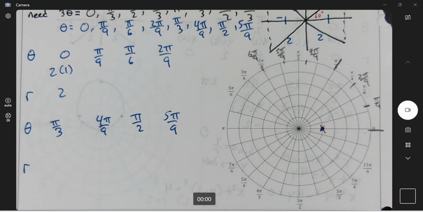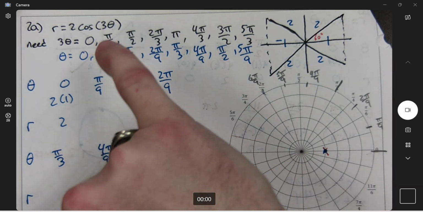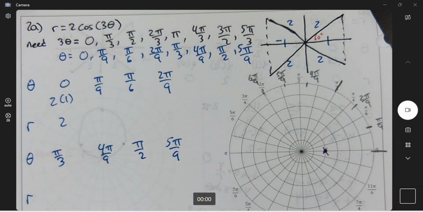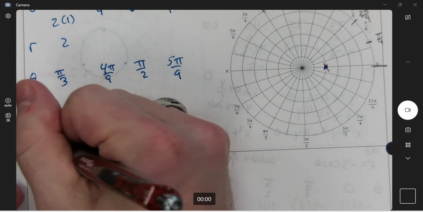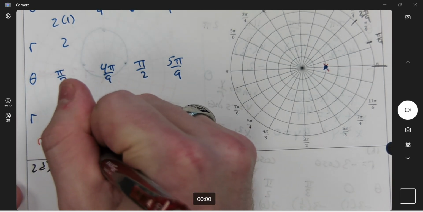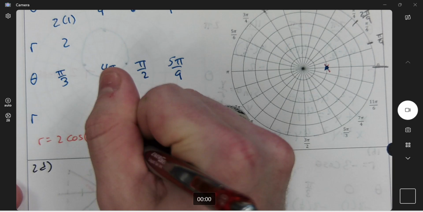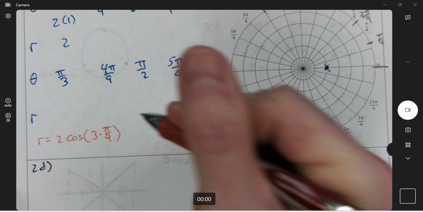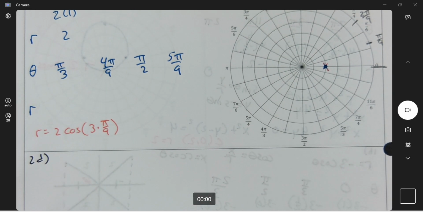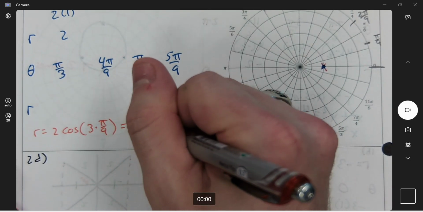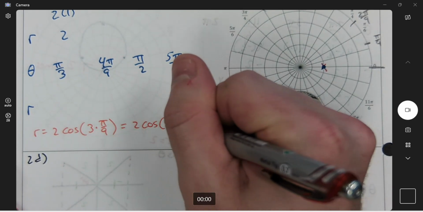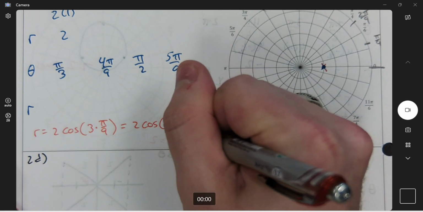Now pi over 9, realize that when we input pi over 9, actually let me show it one time down below. Let me show you me inputting pi over 9 so you can see exactly what I'm talking about. 2 cosine of 3 times pi over 9. But you see 3 times pi over 9, 3 pi over 9 reduces to pi over 3.